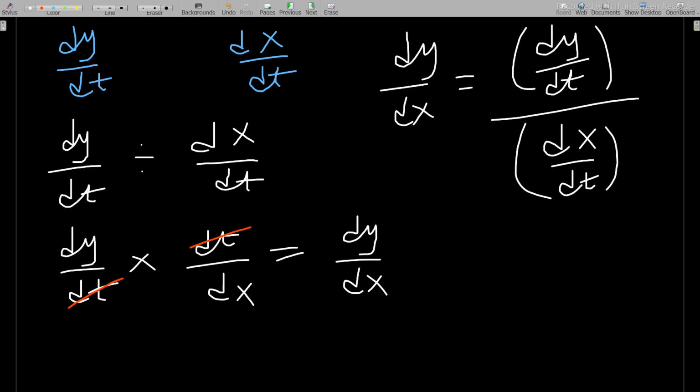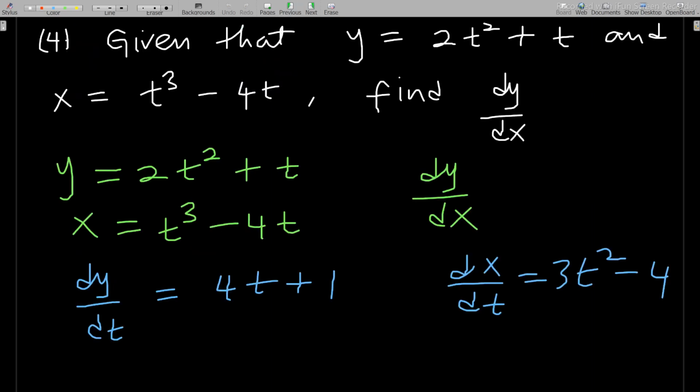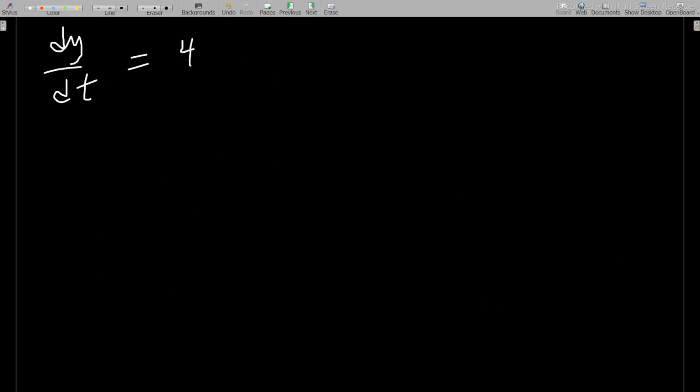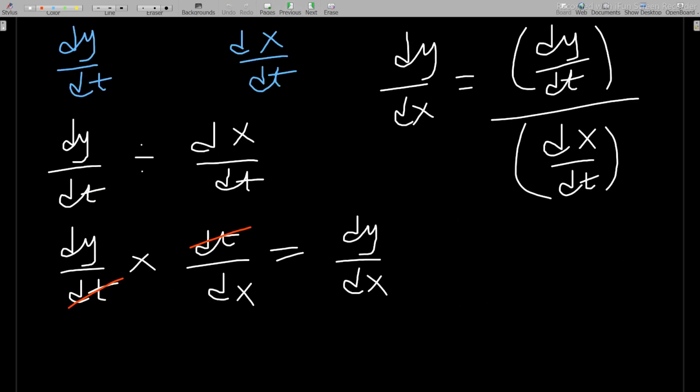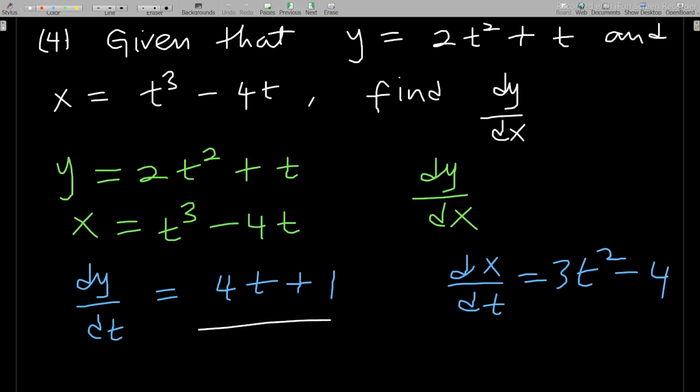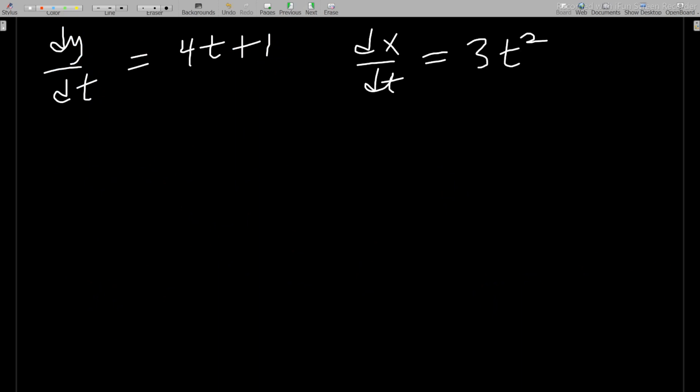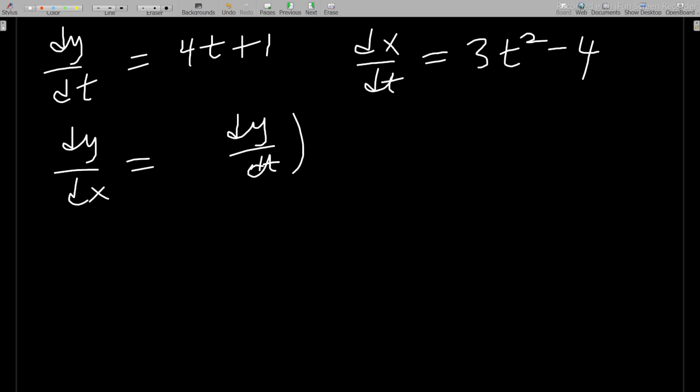In our solution, dy/dt is 4t + 1, and dx/dt is 3t² − 4. We said dy/dx is equal to dy/dt over dx/dt.